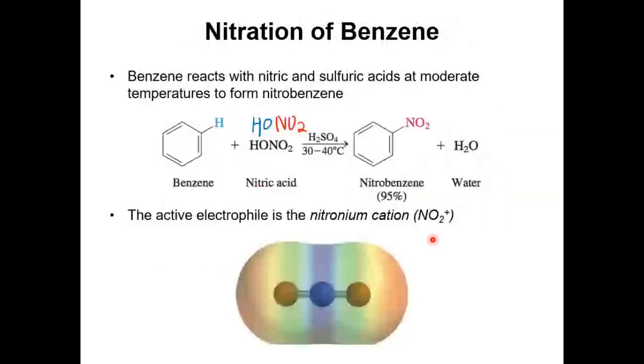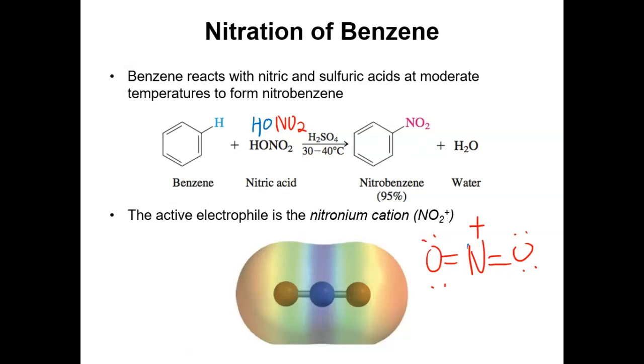So if you look at the Lewis structure of the nitronium cation, you have lone pairs on the oxygen, but there are no lone pairs on the nitrogen.